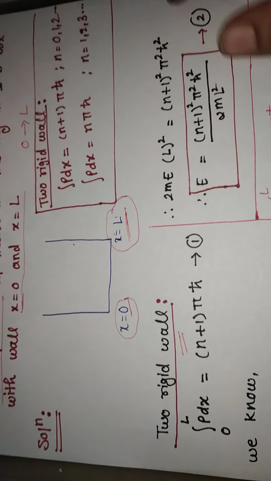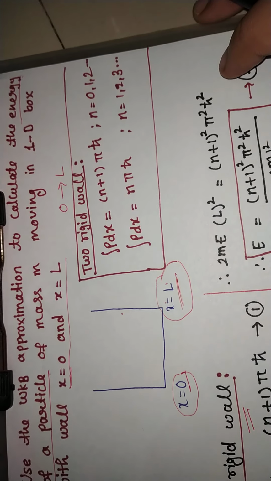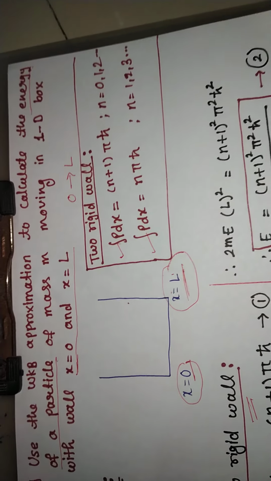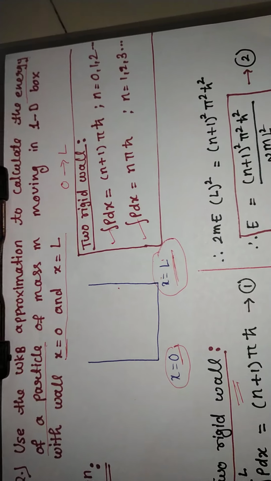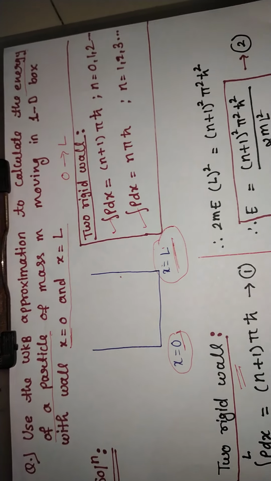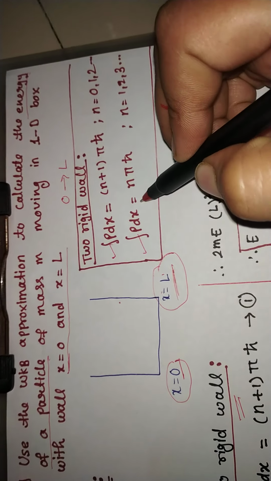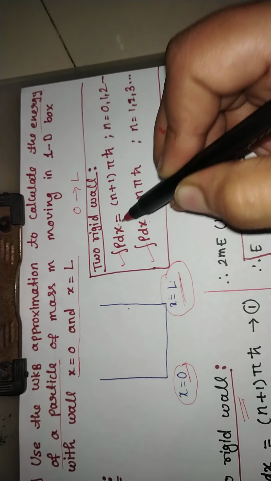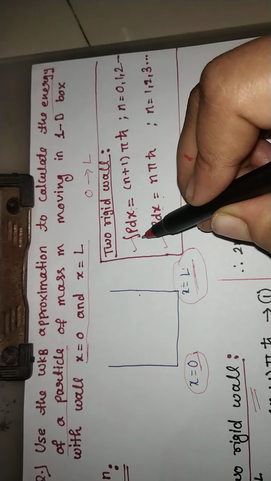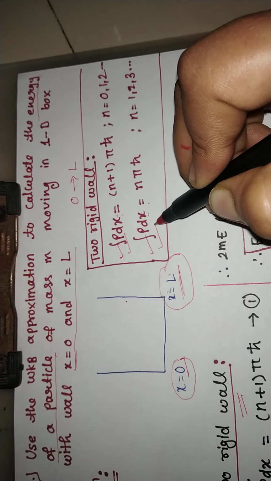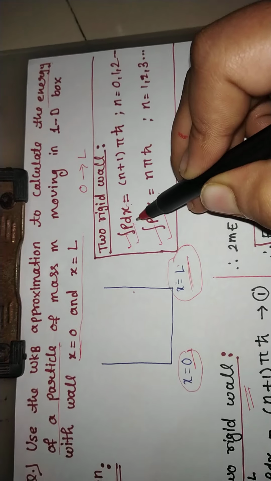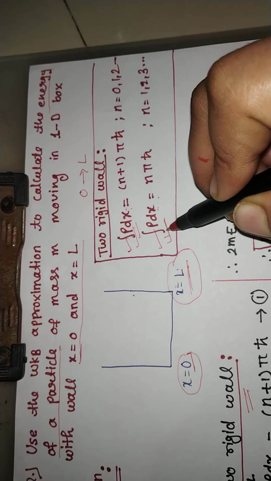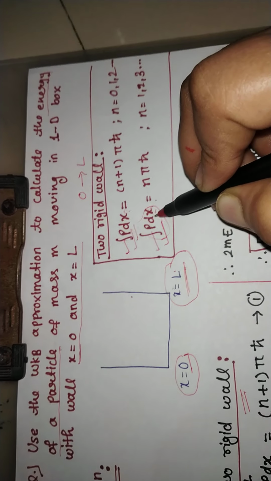In the previous video I gave you the formula for two rigid walls. In this video I will explain by using both formulas, and as I told you, you will get the same result either way. First we'll take the first one, then I will solve the same by using the second formula.